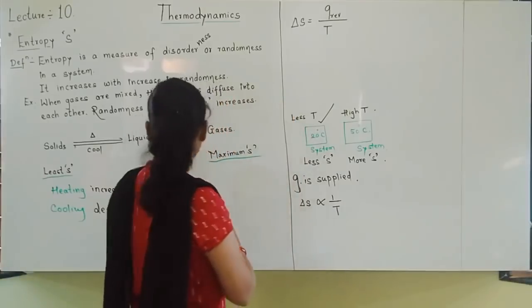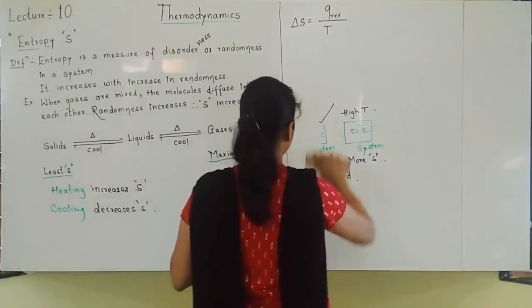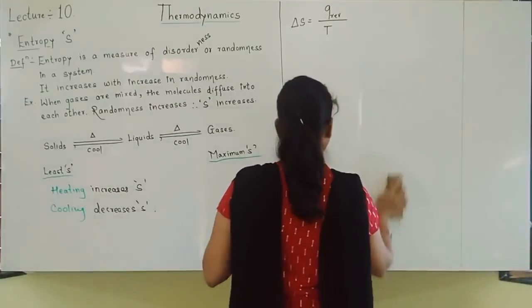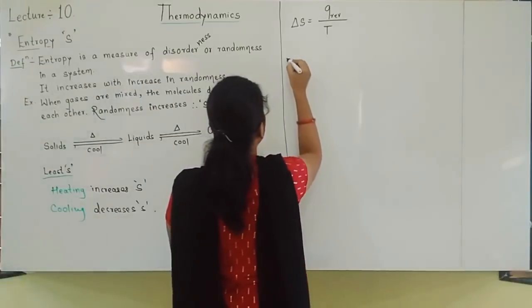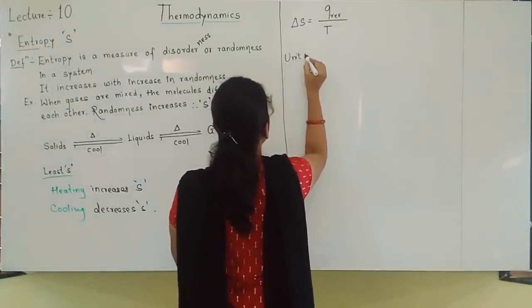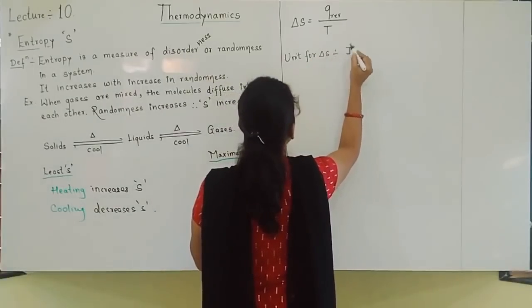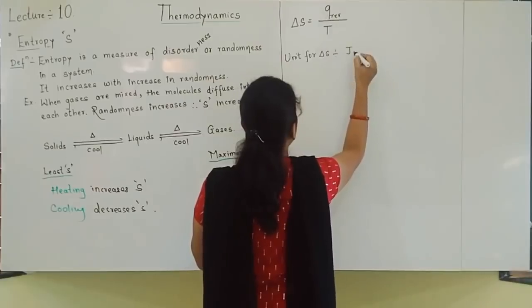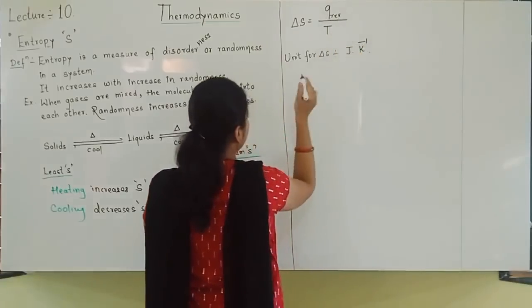Okay. After understanding this point, we'll write the unit for delta S, that is of course heat in joule, temperature in Kelvin, so joule per Kelvin.